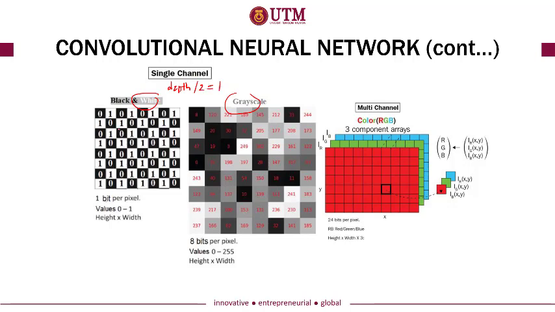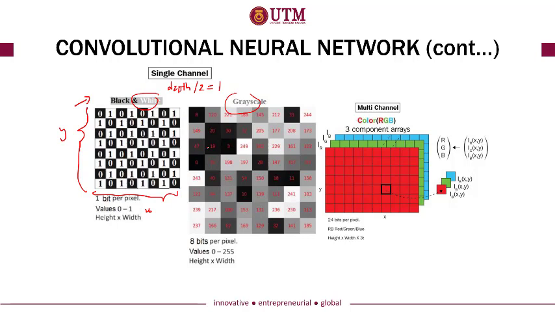You have the number of x, this is your X size, and this is your Y size, but the depth going in that direction is only equal to 1 because you only have one layer there.